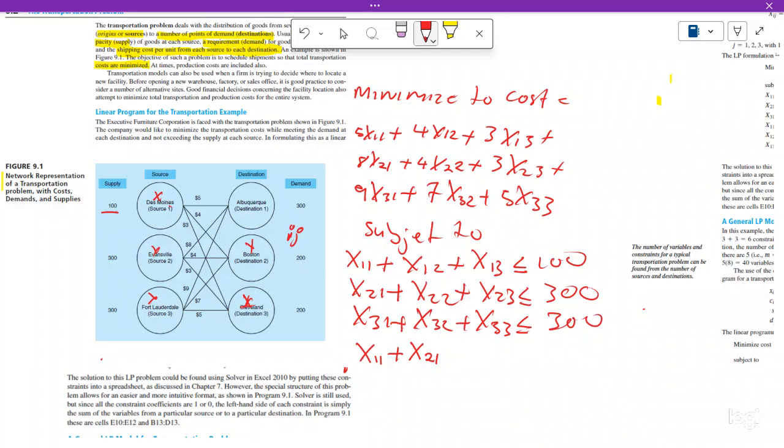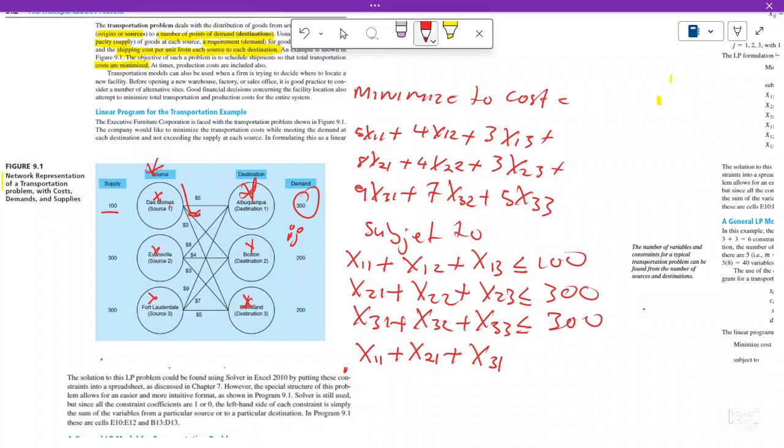You see that? x21. We're no longer looking at it from this point where we are going forward. No, we're looking at it from this point now. x21 plus x31. So this guy is receiving from 3 different points.